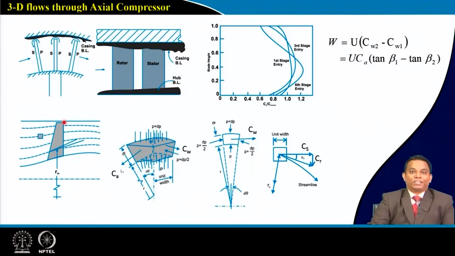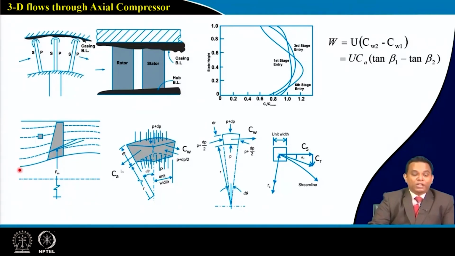my compressor stage. Now what we have assumed up till now: we have done two-dimensional analysis, and for those we have assumed our flow is moving parallel to my casing and parallel to my hub. But in an actual scenario, my upper streamlines will try to follow the path given by my casing.